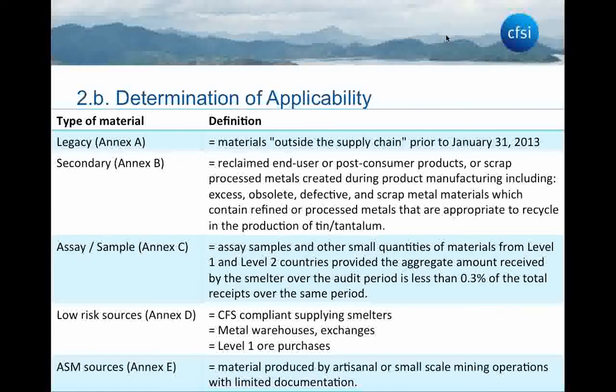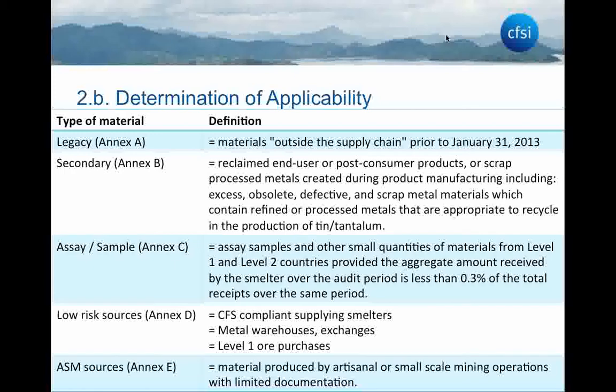The other category covered in Annex B of the audit protocol is the secondary material, which, as is listed here in the definition, concerns reclaimed end-user or post-consumer products or scrap process materials that were created during the product manufacturing process.